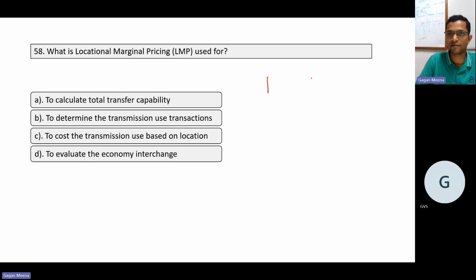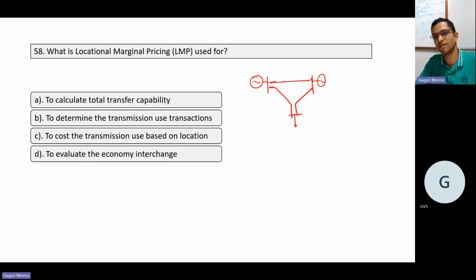Because if we have this simple 3-bus system, let's say we have sufficient generation and here is the load, the transmission line capacity is, let's say, unlimited, or we can say the demand is less. So in that case, the transmission limits will not be violated any time, and this demand is easily met without any transmission violation.